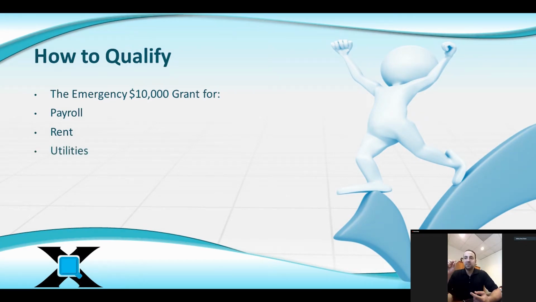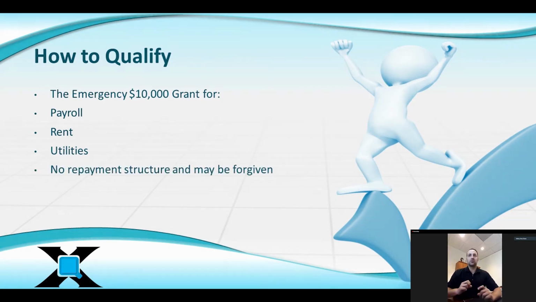It's specifically designed to help you in this interim period, and it doesn't have any repayment structure that will help you offset. It may be forgiven, and that's only if you can prove that you've utilized it for any one of the following. And as I described, temporary loss of revenue, payroll, accounts payable, rent, or utilities like phone, water, cable, and internet, for example.